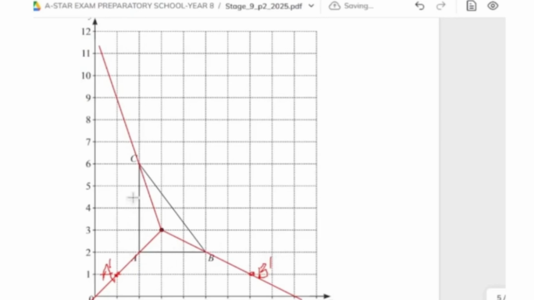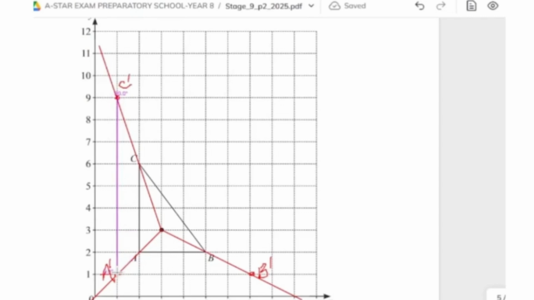Now AC is 4 units. So C prime, from here, let's count out what happens. We're going to have 1, 2, 3, 4, 5, 6, 7, 8. Okay, 4 times 2 is 8. So this should be the image of C, which is C prime. Okay, so all we need to do is to connect. You can change the color. Let's connect the points.